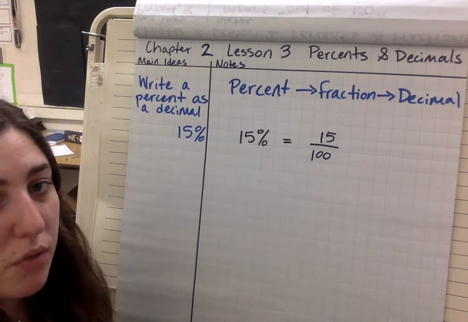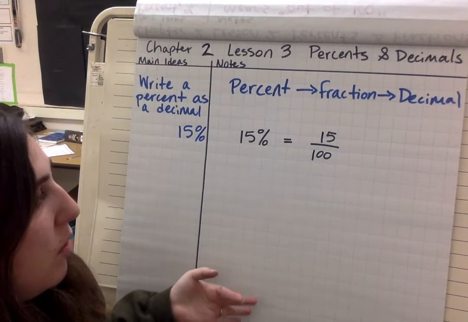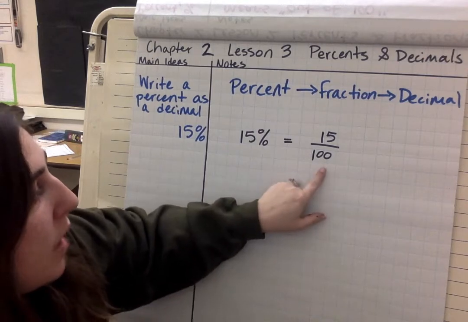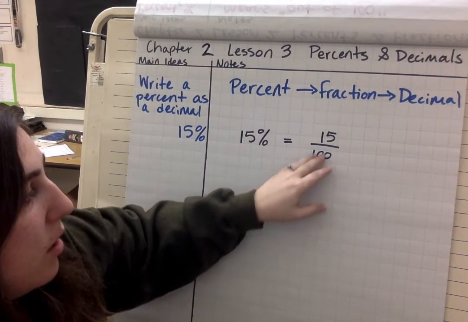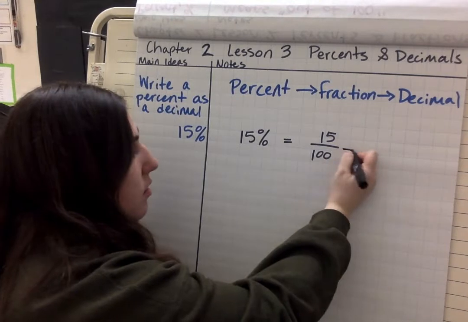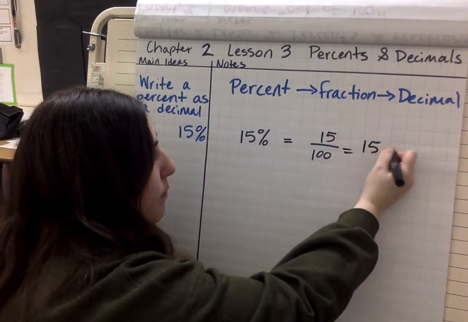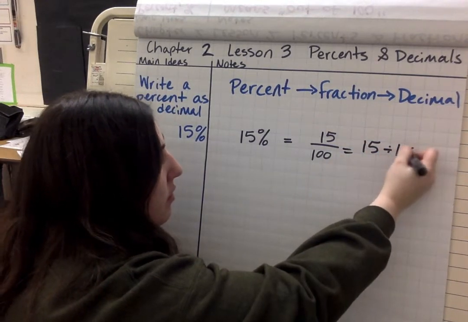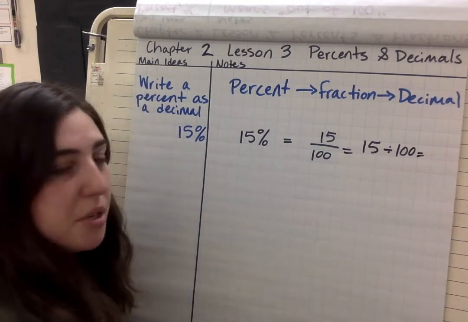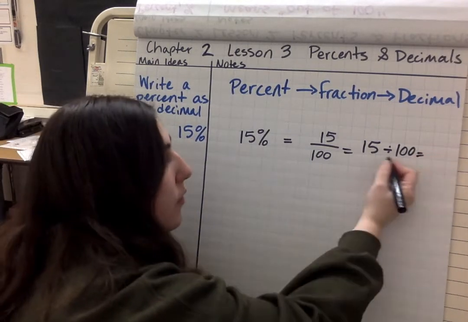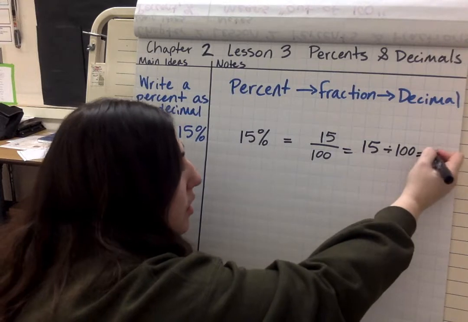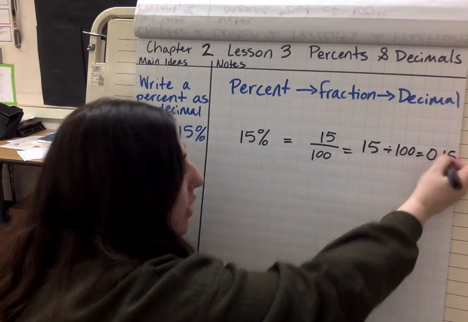Okay? I think this was from lesson 1. So we had to divide numerator by denominator, and we would get our decimal. So 15 divided by 100, you can use a calculator, you'll get 0.15.